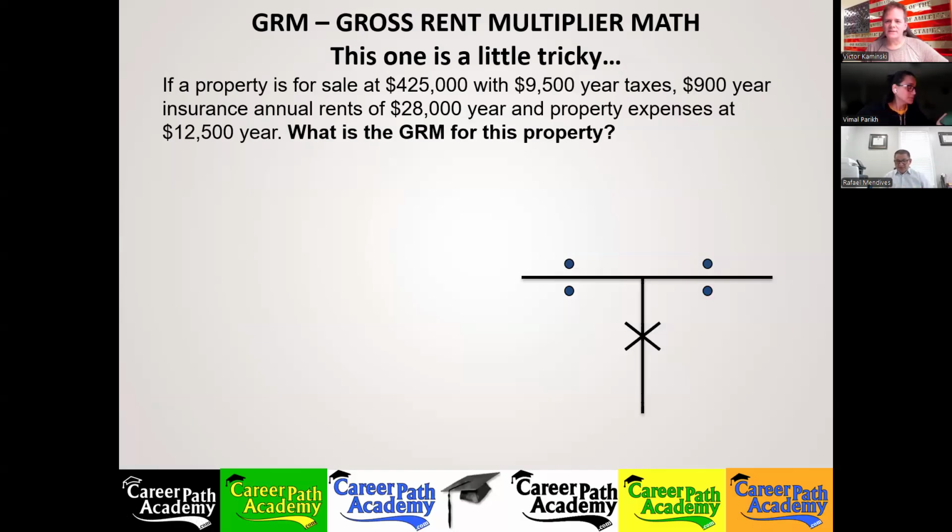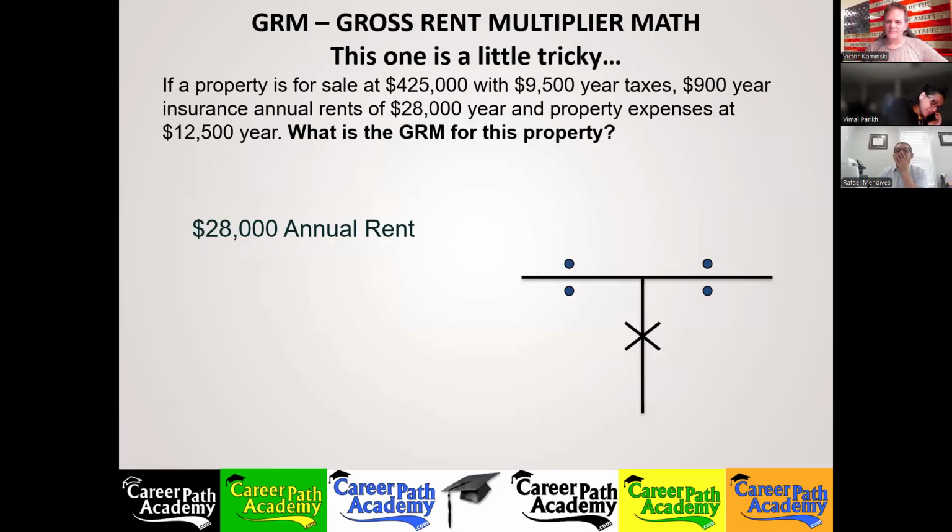This is why you need to know what figures to put in there, because they may give you extra figures that you really don't need. So we plug those numbers in. You get the 28,000 in annual rent. But to figure out the GRM, do we need the annual income or the monthly income?